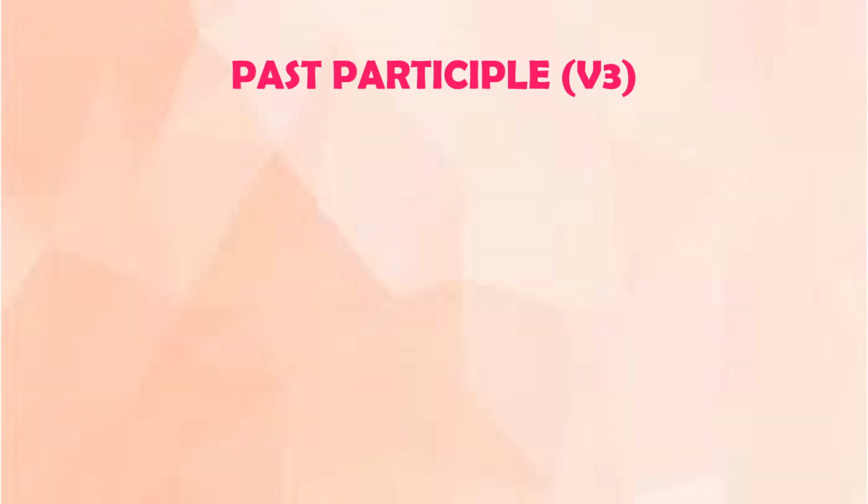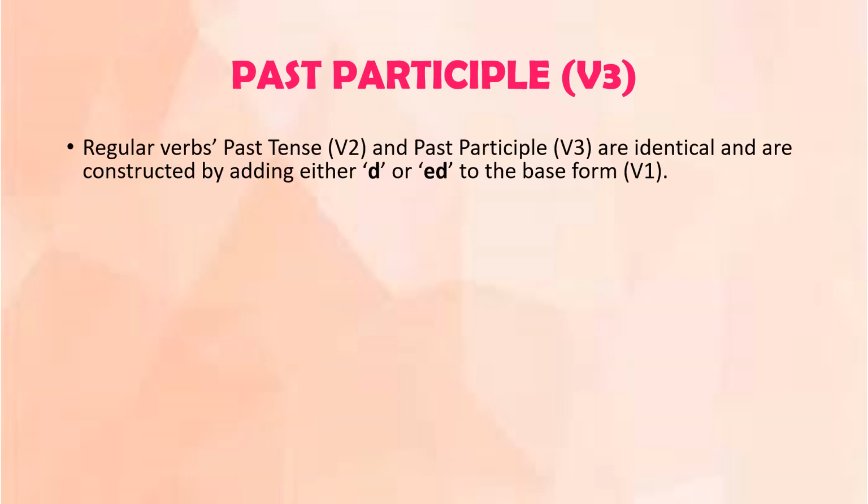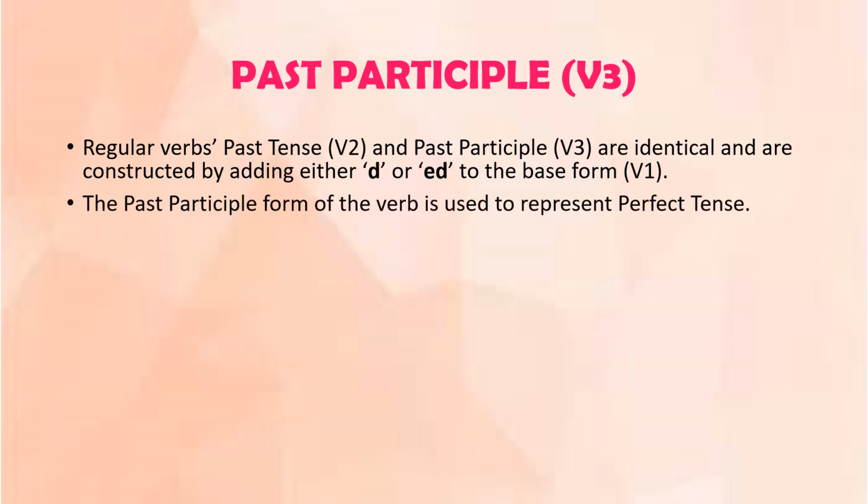Past participle or verb 3. Regular verbs' past tense and past participle are identical and are constructed by adding either d or ed to the base form. The past participle form of the verb is used to represent perfect tense.